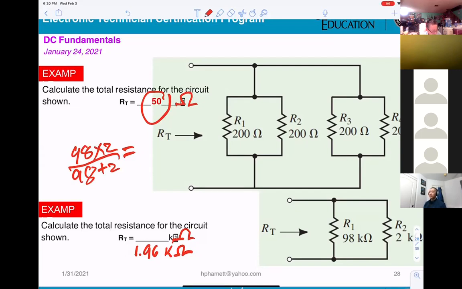So 1/98K is 10.2 times 10 to the minus 6.